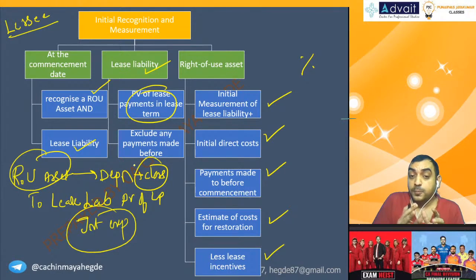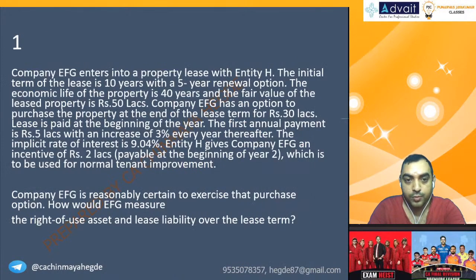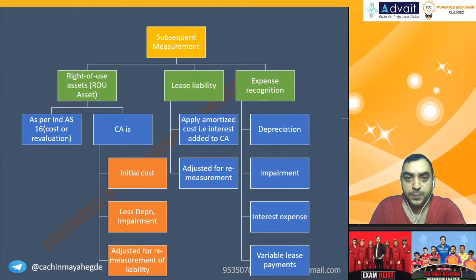Whatever the method of depreciation you apply for other classes of assets, this also you can provide. Simplest is SLM, you can provide other methods also, but in line with the depreciation method for the class of assets. Okay, so I think maybe we should take one problem on this. Subsequent measurement, as told you, on ROU asset you provide for depreciation, also impairment if any. Remeasurement, I'll come to it.